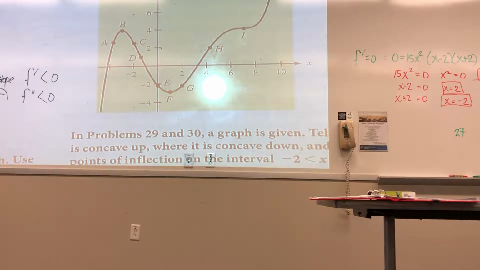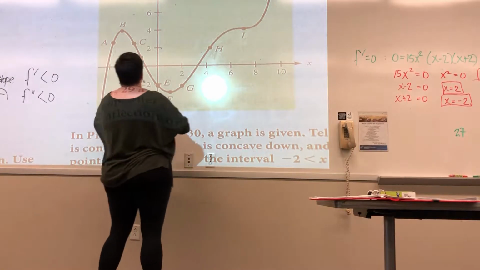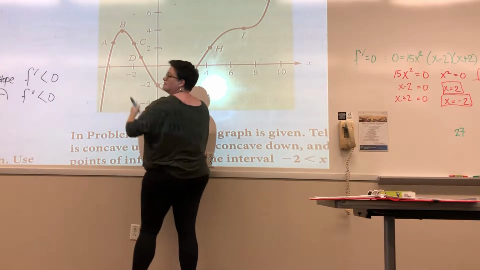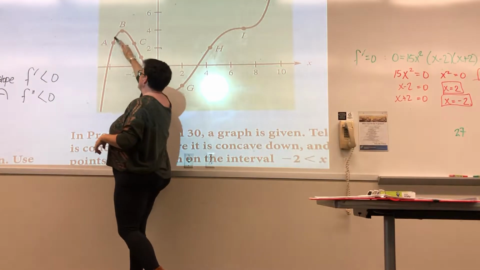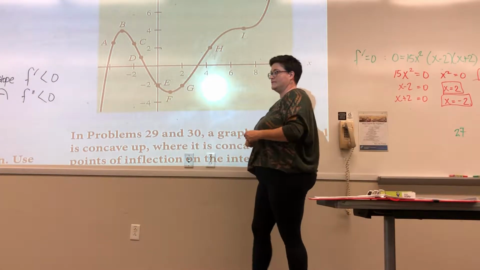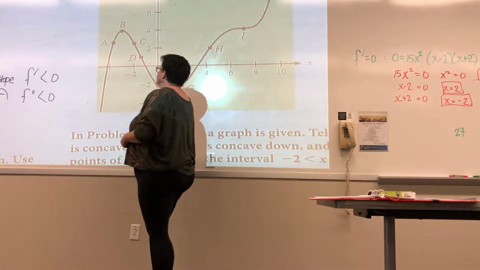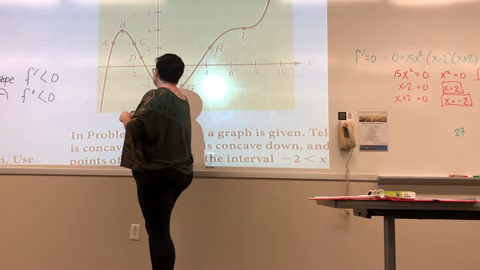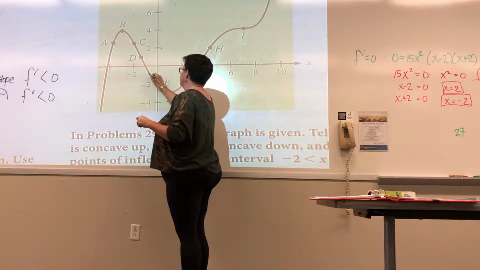So we're looking for places where the slope is decreasing and the concavity is negative. All right? So the only place where we have decreasing slope is here. So far so good? Because this is growing, this is growing, this is 0, this is growing. So far so groovy?